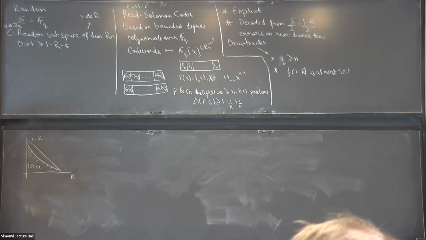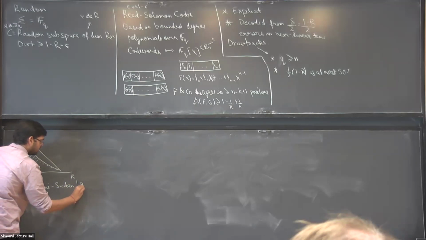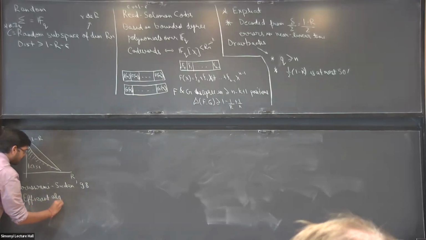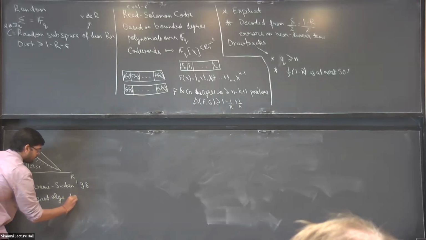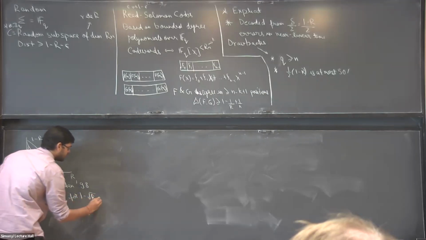And for the special case of Reed-Solomon code, in the late 90s, Guruswami and Sudan gave this algorithm that could correct 1 minus square root R errors.